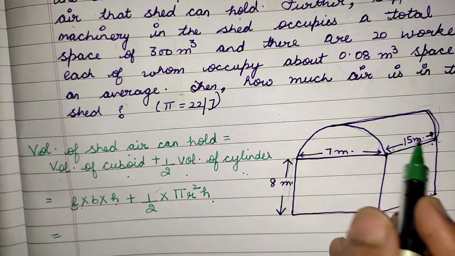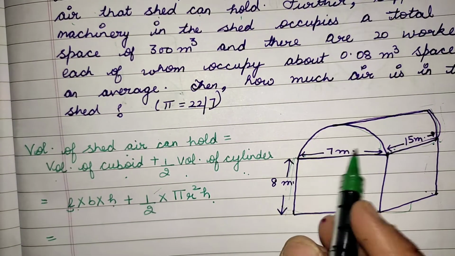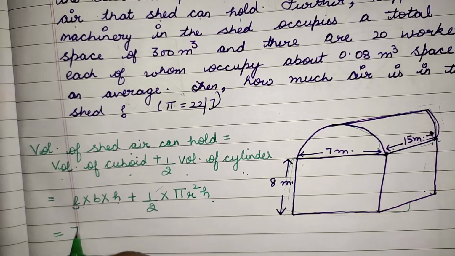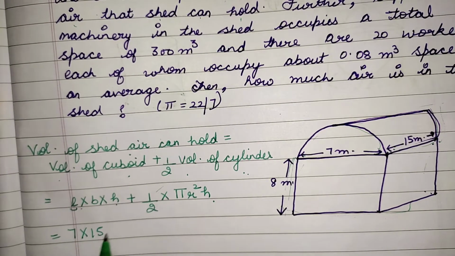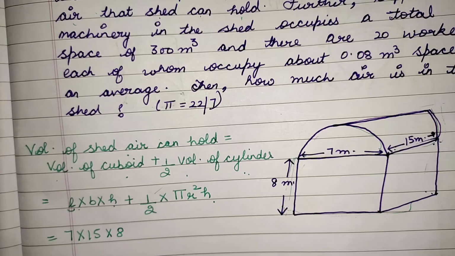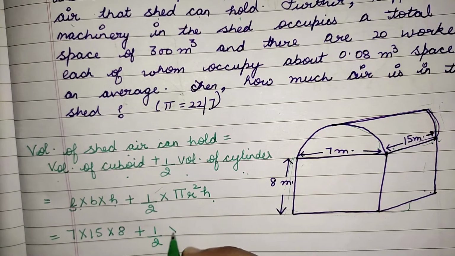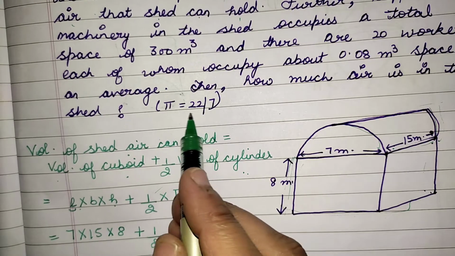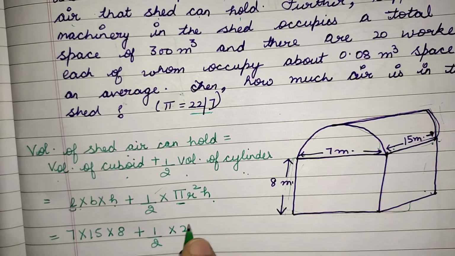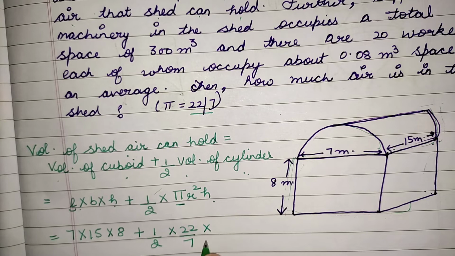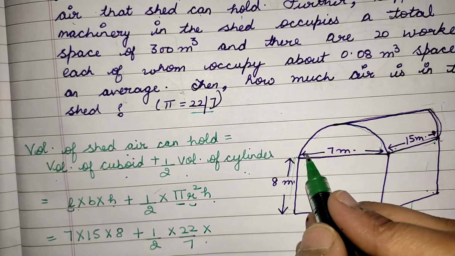So length, breadth and height, everything is given to us for the cuboid. Length is 7, breadth is 15 and height is 8, plus half into pi, which is given to us to take as 22 by 7, into radius of cylinder squared. Radius of cylinder is what?